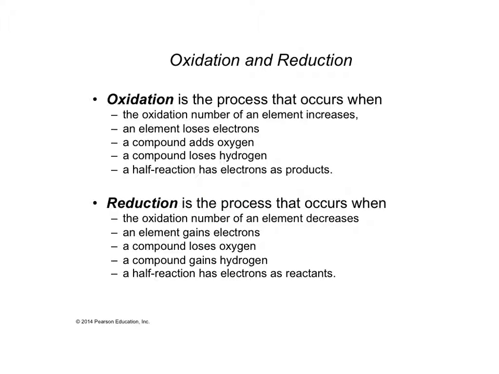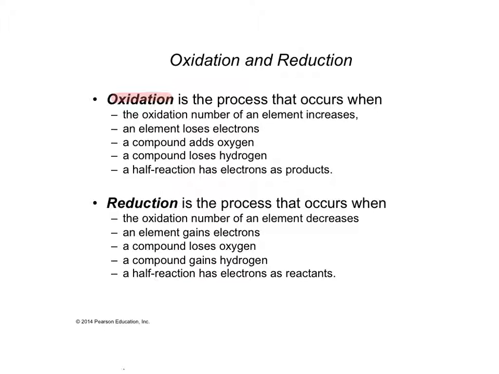Okay, so again, the purpose of assigning oxidation states to things is to be able to identify whether or not a redox process has occurred in a chemical reaction, and then not only to identify whether or not one has occurred, but who has been oxidized and who has been reduced, right? So again, oxidation occurs when something has lost electrons.